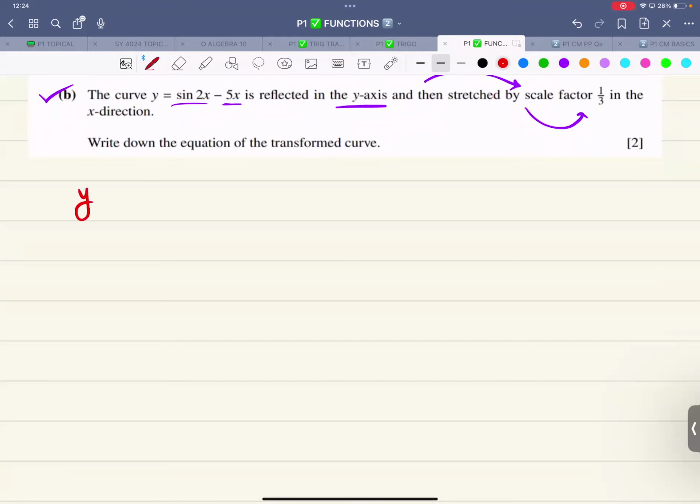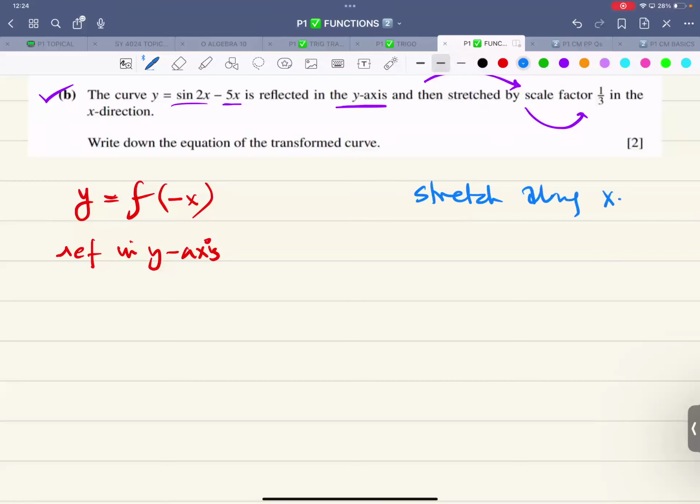First of all, y, the next thing that I need is this. Direction, factor is the same thing. Okay. Now the scale factor is one of the things that has the opposite effect.